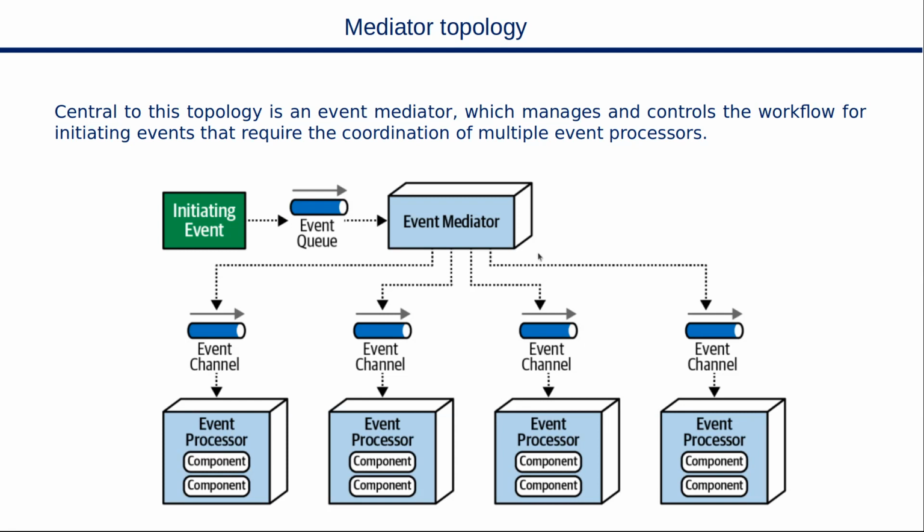What will happen if something goes wrong with the event mediator? Then everything will fail, and it will be hard to understand at which step it failed, in order to recover and continue this flow. So the responsibility of the event mediator in such a topology is much higher than in the broker.